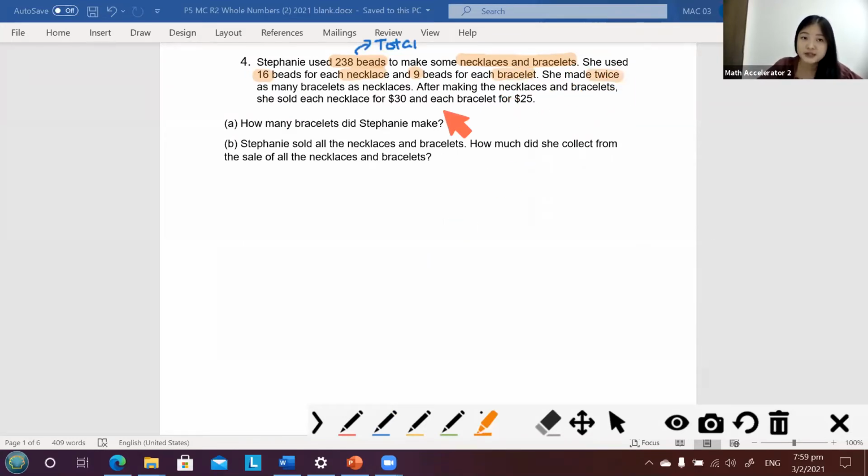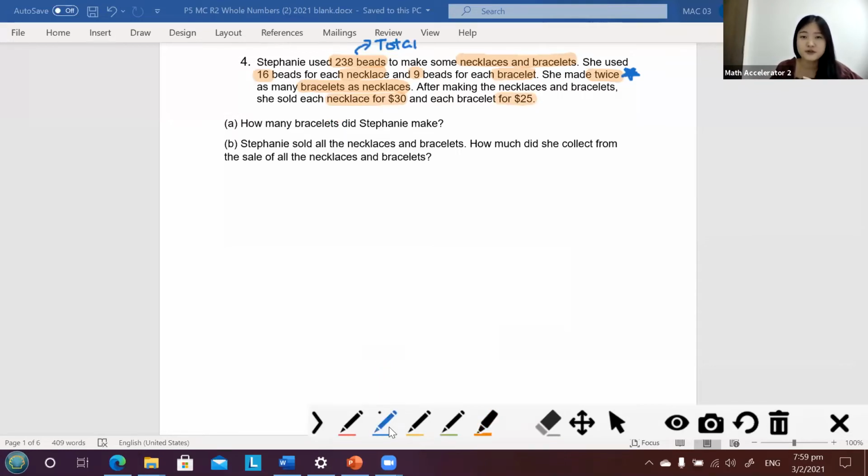She made twice as many bracelets as necklaces. Twice. This is our key sentence. After making the necklaces and bracelets, she sold each necklace for $30 and each bracelet for $25. How many bracelets did Stephanie make?